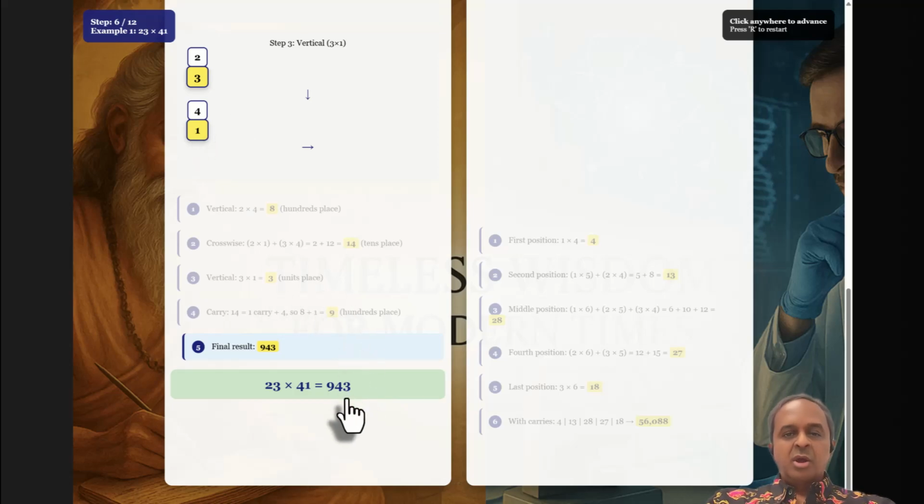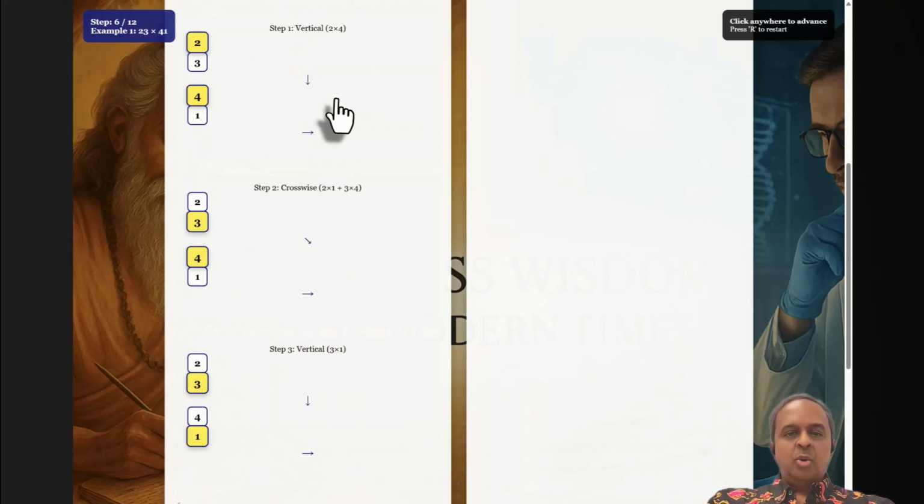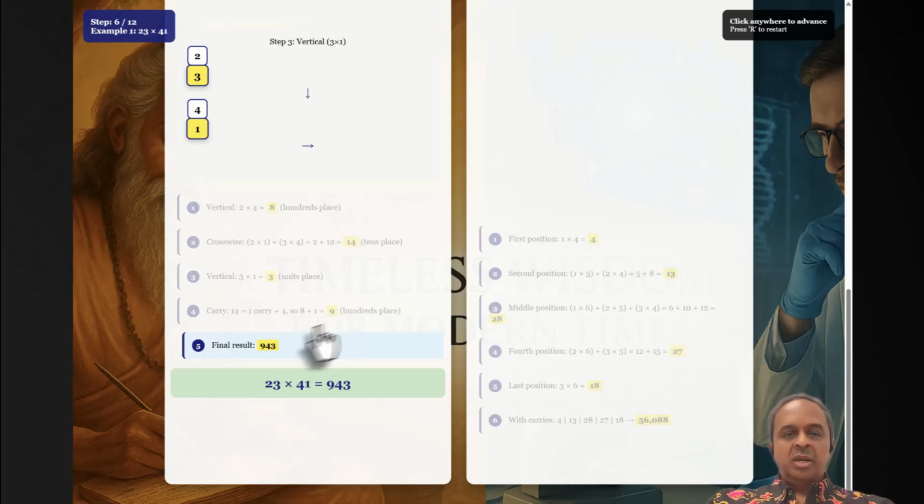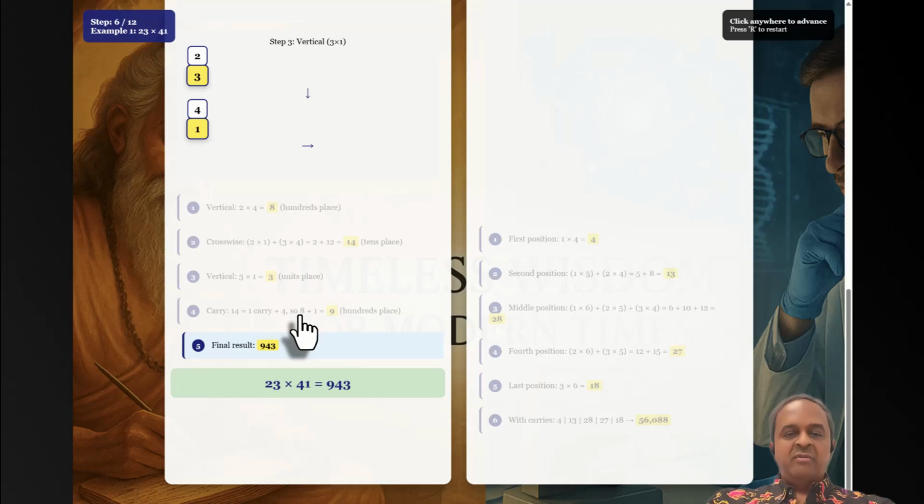Then when you do the crosswise, you have 14, so you have the 4 here, and the 1 is carry over. Then when you do the other vertical, which is 2 and 4, 8, the carryover is 1, so that's 9. So the final result is 9, 4, 3.